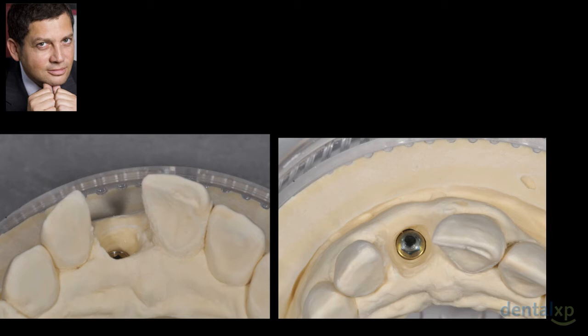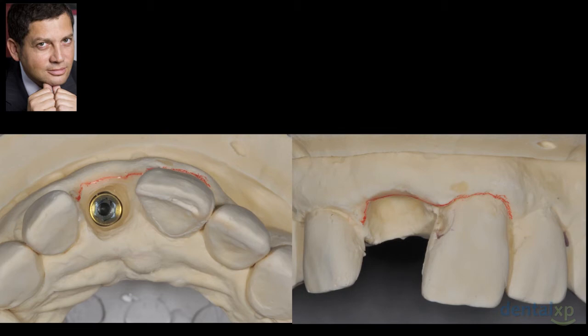After we pour our cast, we will have the lab technician make a sign so we can know exactly where the gingival margin is, and then 1 millimeter posterior we will have the positioning of our abutment. This abutment can have different shapes.